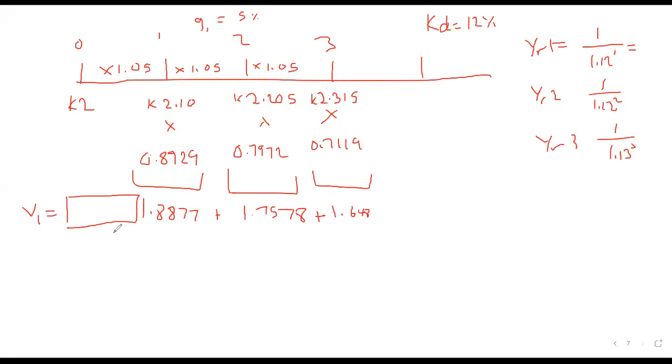We get 5.29. Okay. Are we moving together? Anyone lost so far? We're together.